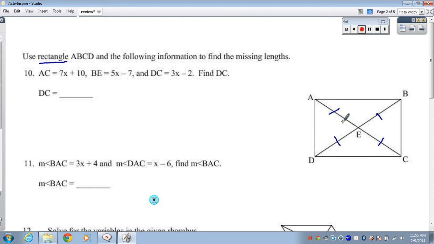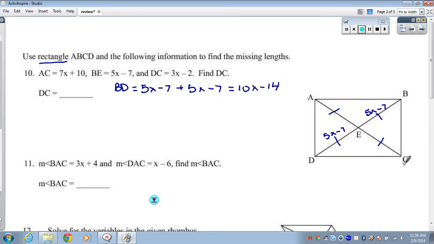All right, so we have 7x plus 10 is the whole thing there. This part is 5x minus 7, which means this is also 5x minus 7. So BD equals 5x minus 7 plus 5x minus 7, which equals 10x minus 14.